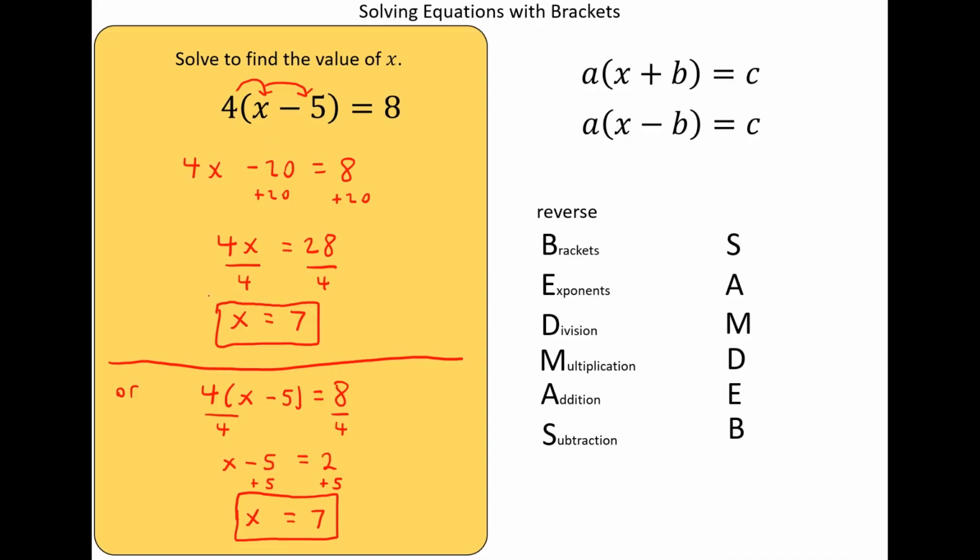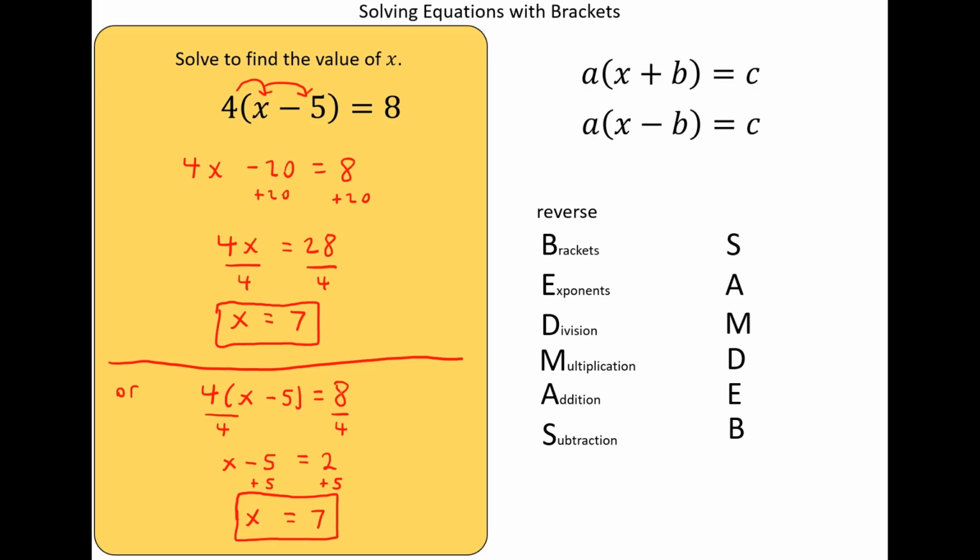And both methods do work and get you the correct answer. It's just which do you prefer? Do you prefer to apply the distributive property first and then solve, or do you prefer to use the division first and then solve as a one-step? Now, in this case, the second method doesn't always work out very nicely.